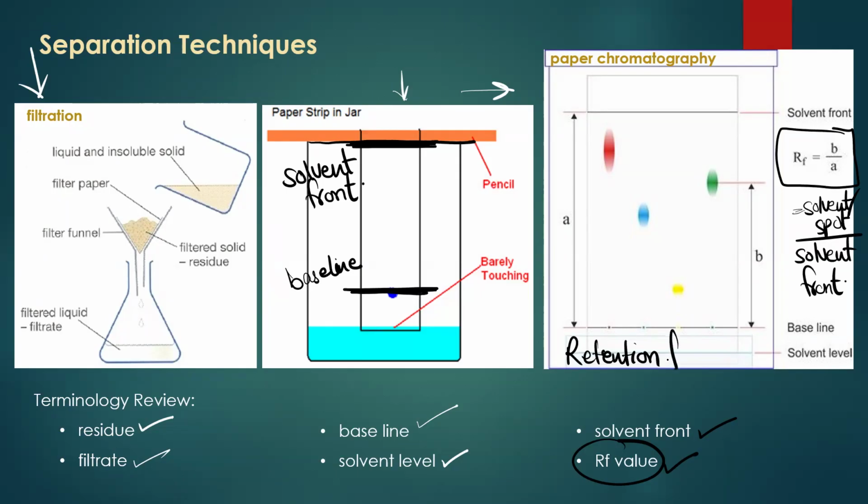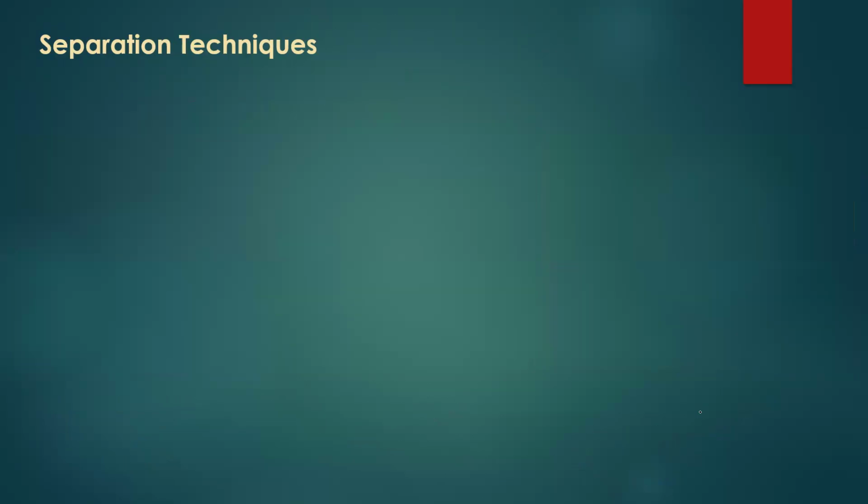Its full form is retention factor, and it is called the Rf value. We divide the distances: the distance between the baseline and the spot, divided by the distance between the baseline and the solvent front. The solvent front is where the solvent has traveled to.